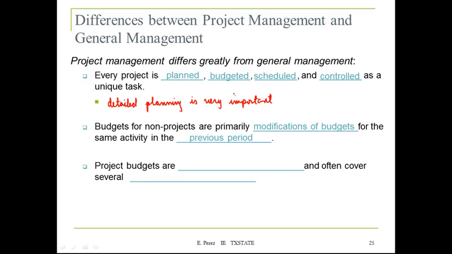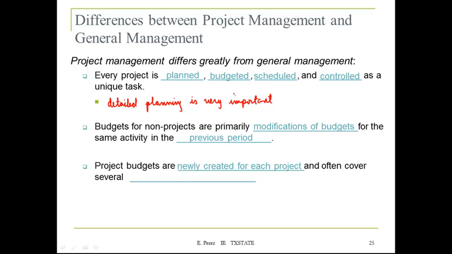You know that for next year you're going to have the same employees, so you're managing these people, you know their salaries, you know what resources they need. So for next year, it's very easy for you to plan what you're going to be required to manage that department. So your budget, this is general management, this is not project management. You're going to take your previous budget, you're going to make some modifications, and you're going to submit that same budget.